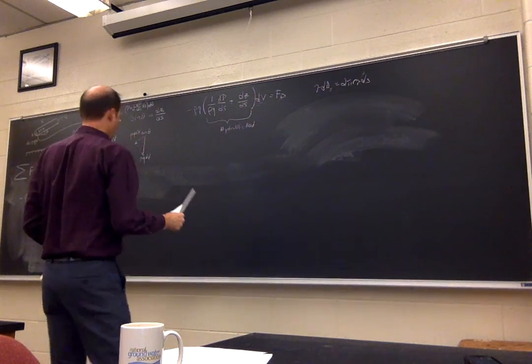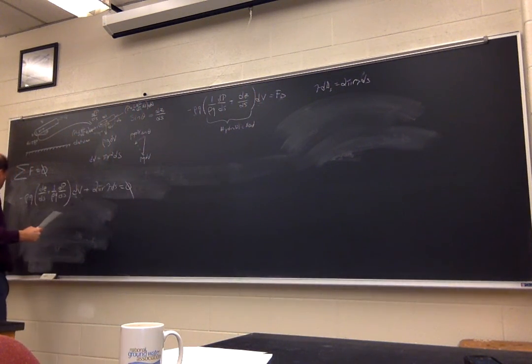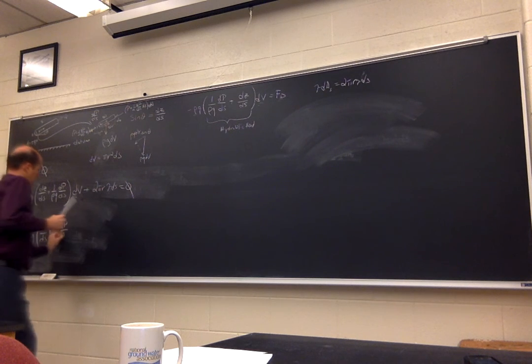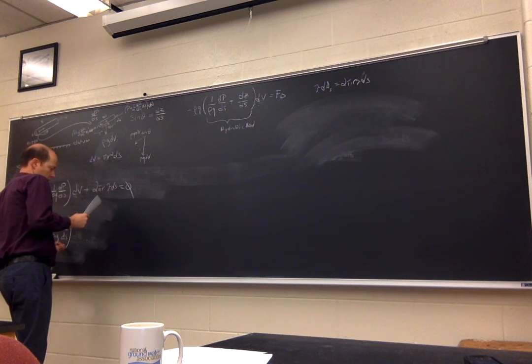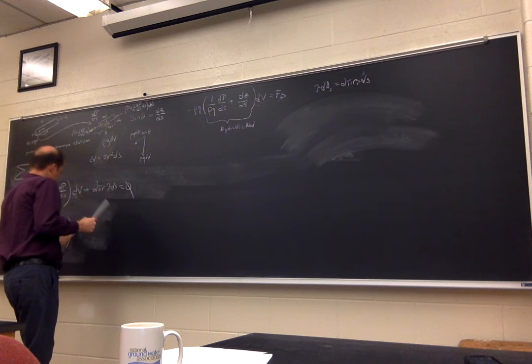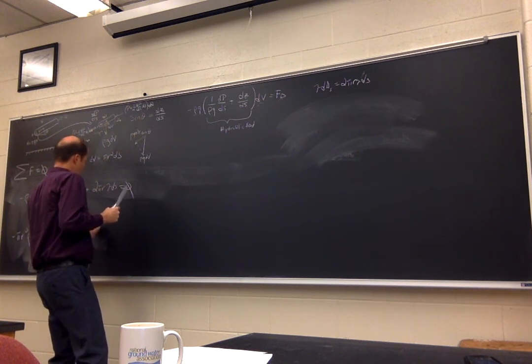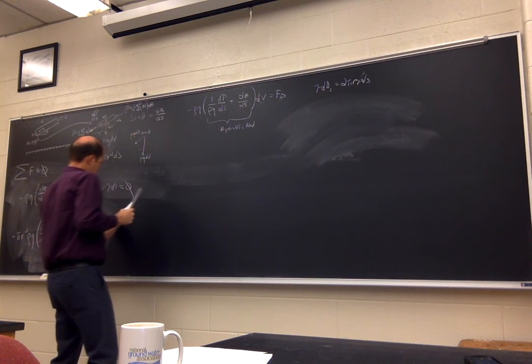Our next step becomes minus pi r squared rho g times dz/ds plus 1 over rho g dp/ds, times ds, plus 2 pi r tau ds equals 0.